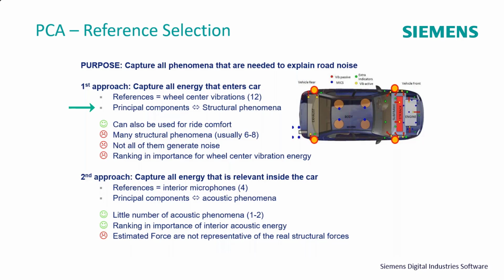The principal components are the structural phenomena feeding into the car as it's driving over the road surface. This can be used for ride comfort analysis, for example. Usually we have 6 to 8 structural phenomena acting on the structure, so getting into the vehicle. Not all of them generate noise, so not all of them are important. So basically, if I have 12 references, I'm going to have 12 virtual references, and it's going to calculate 12 principal components operating on the car.